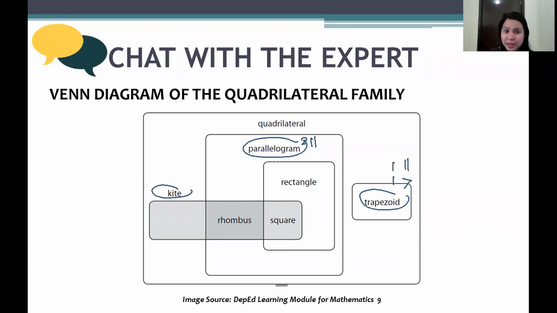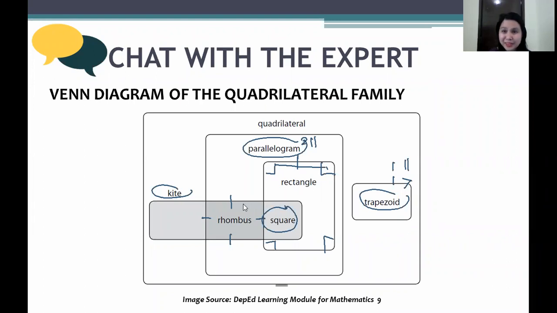A parallelogram can be a rectangle if it has 4 equal angles. Or a parallelogram can be a rhombus if it has 4 equal sides. And a square is both a rectangle and a rhombus.